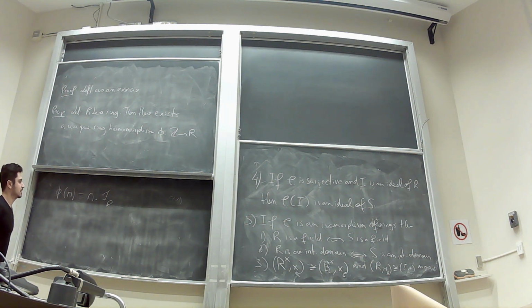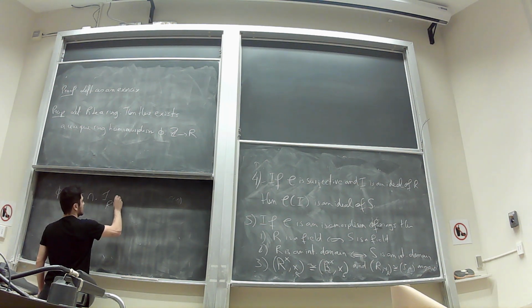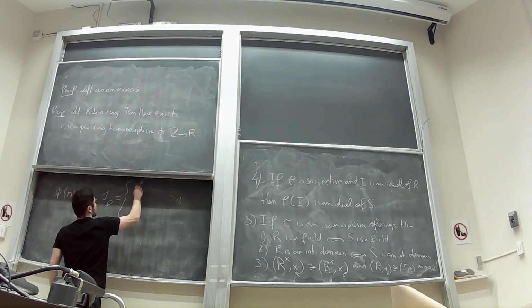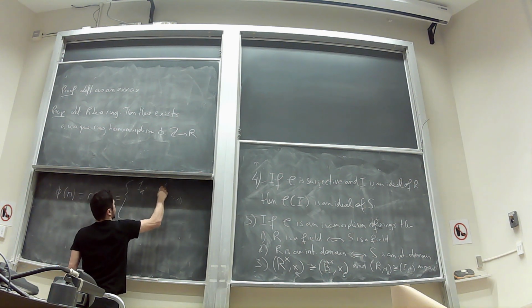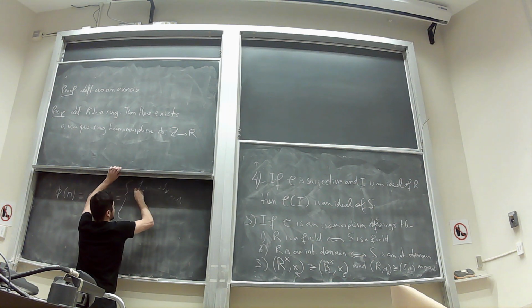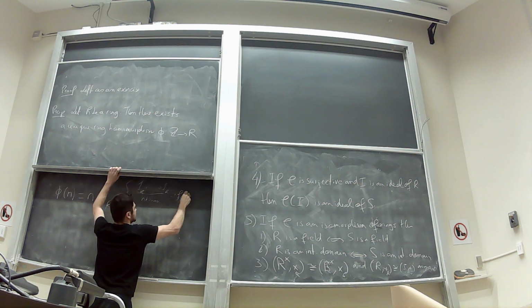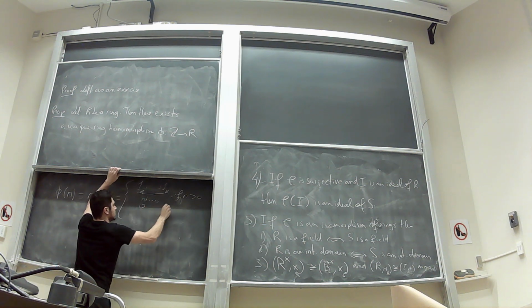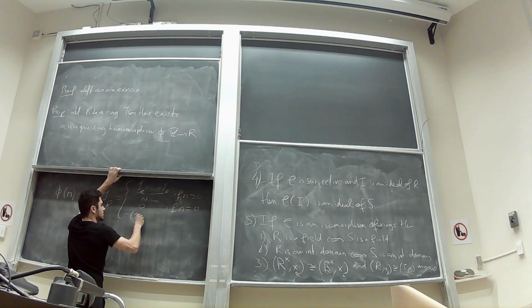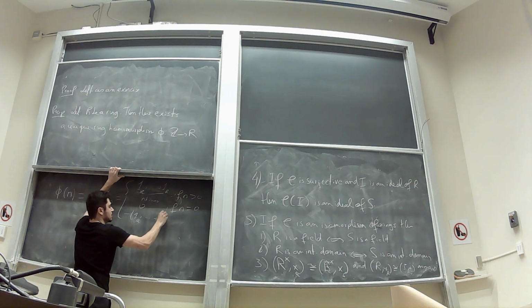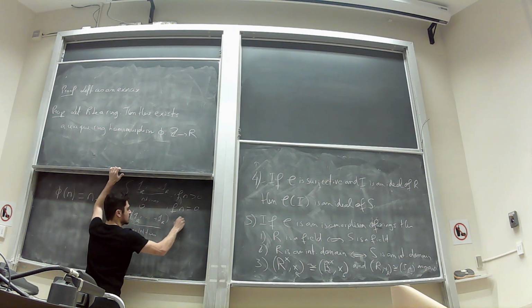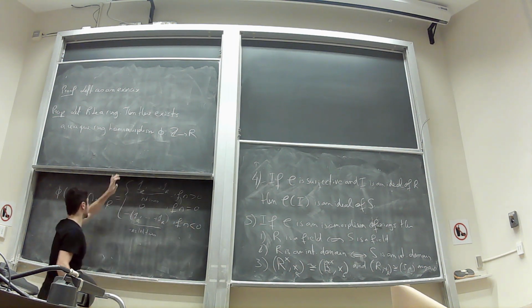Now n times 1_R I define as 1_R plus 1_R, n times, if n is strictly positive; it's 0 if n is 0; and it's minus 1_R, absolute value of n times, that is, minus n times 1_R, if n is negative.